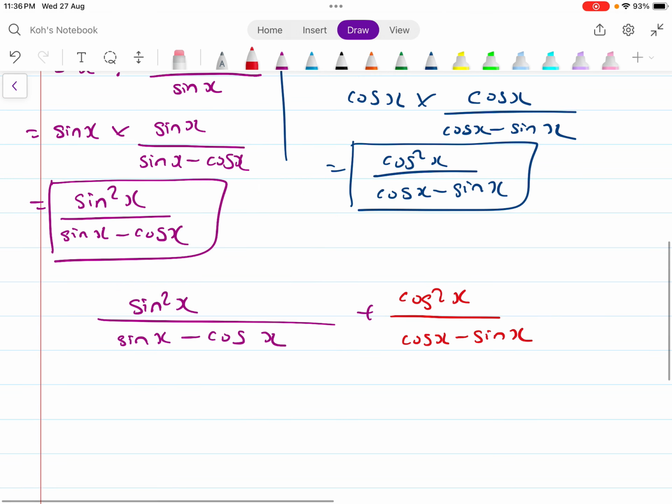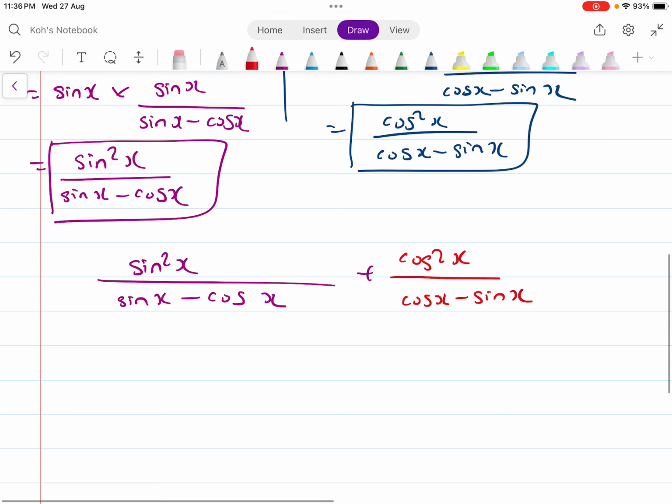Let me just double check. Yeah, correct. I cannot combine these two fractions, because if you look, this is sine x minus cosine x, and this is cosine x minus sine x.